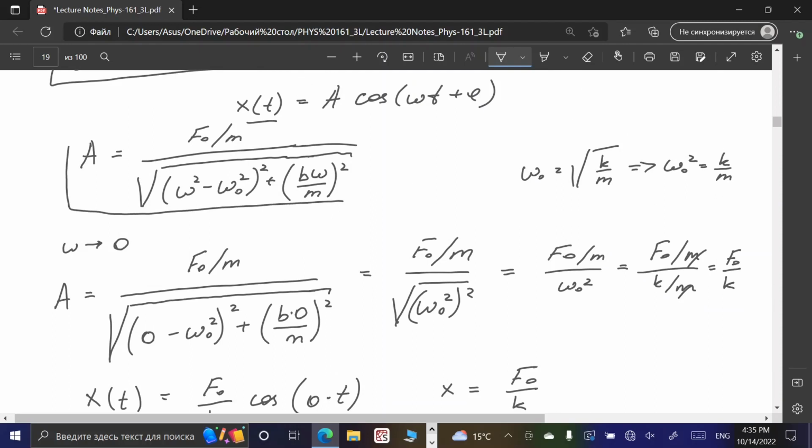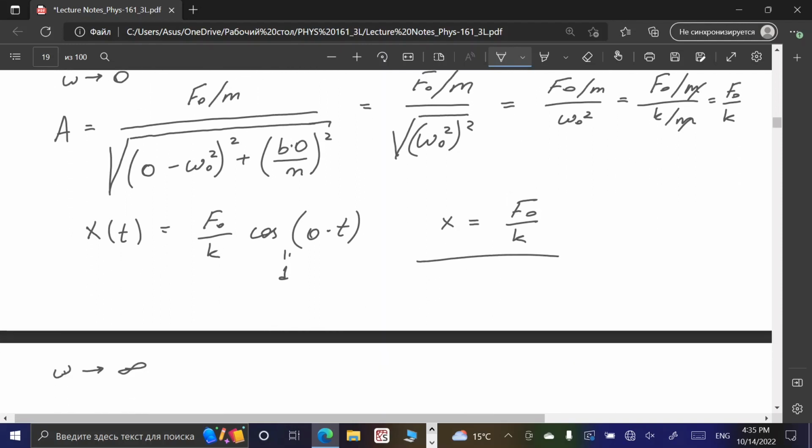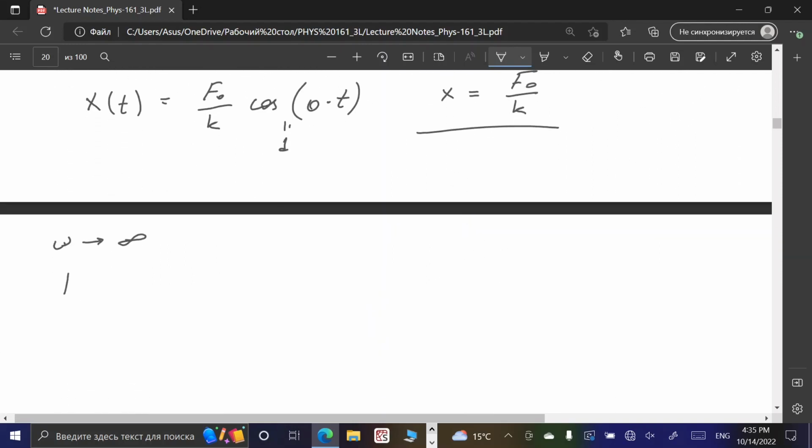We see here that we have omega in the denominator. So if omega approaches infinity, then this amplitude will approach 0, because amplitude is equal to F naught divided by m, and here in the denominator we'll have infinity, which means that amplitude approaches 0.